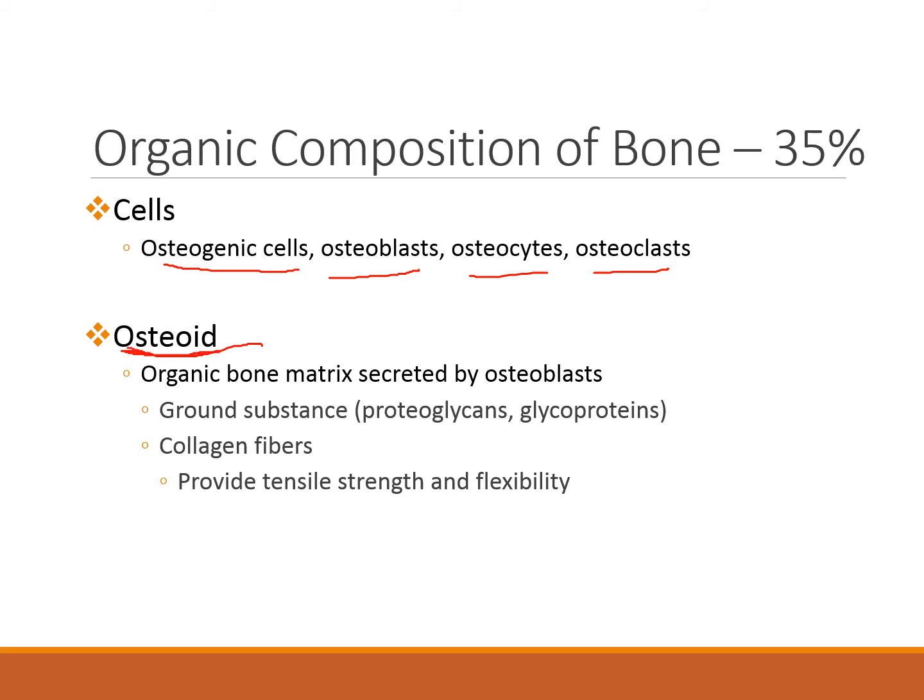Osteoid is composed of ground substance, including proteoglycans and glycoproteins. Remember, these are large molecules that help bring water and hold water in tissues. And you have collagen fibers. The collagen fibers provide resistance to stretching, and they also provide flexibility.